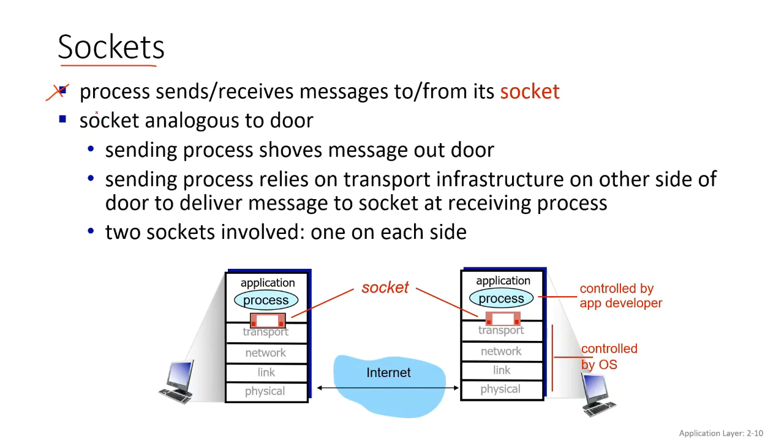An analogy of the socket is just a door, or like a postman. You're sending a message out the door, and then you're relying on the whole transport for the message to happen. So the socket is that thing that takes your message and has the information about the destination. We'll be writing code about that, and then you'll definitely understand what it is.